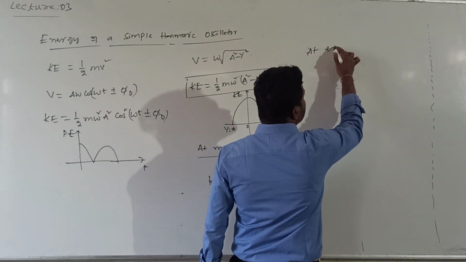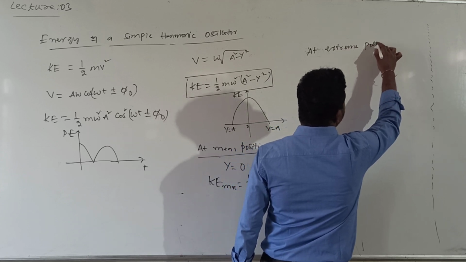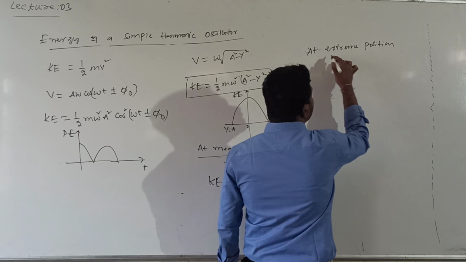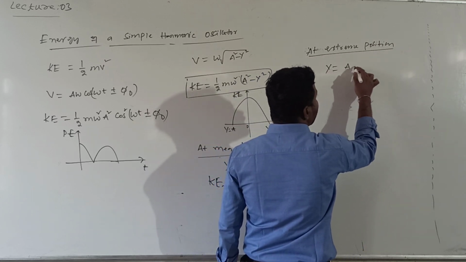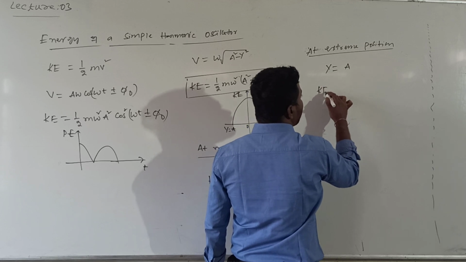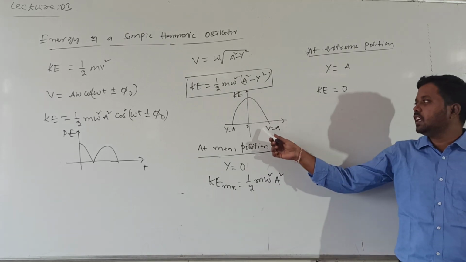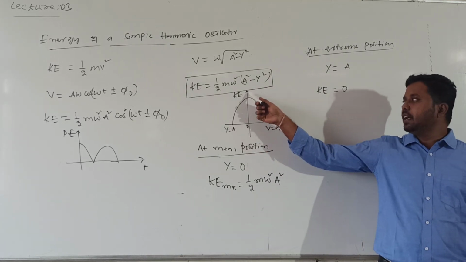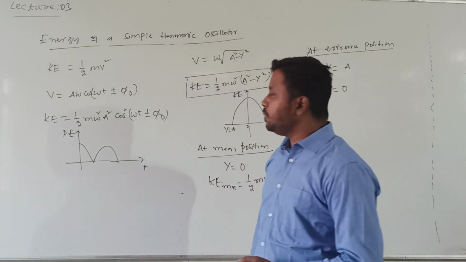Whereas at the extreme position, the displacement value is a. When y is equal to a, kinetic energy is 0. So from this graph it is clear that kinetic energy is maximum at the mean position and 0 at the extreme position.